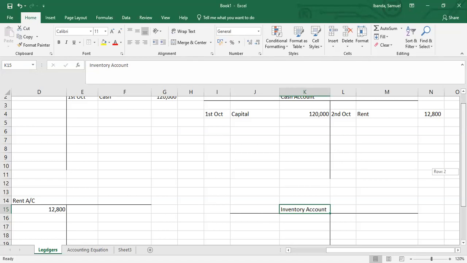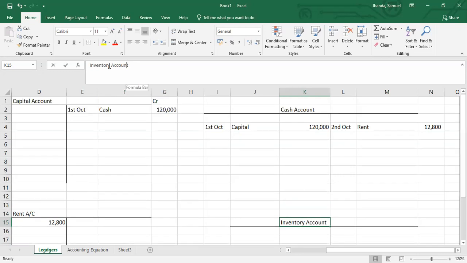You can call it inventory account or beauty supplies account. If we are looking at it as a current asset, when assets are increasing, we have to debit them.